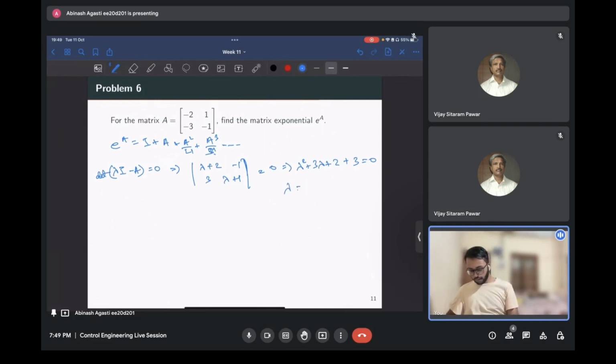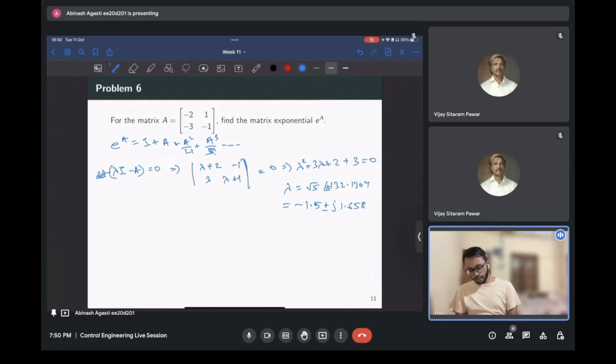Okay, so here we get two conjugate poles. Just a minute. Yeah, so this is minus 1.5 plus or minus j 1.658. So we found two eigenvalues.